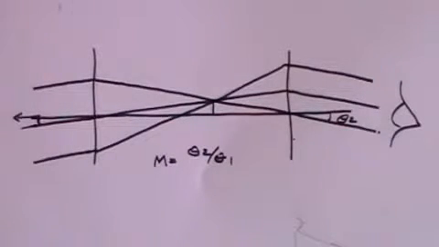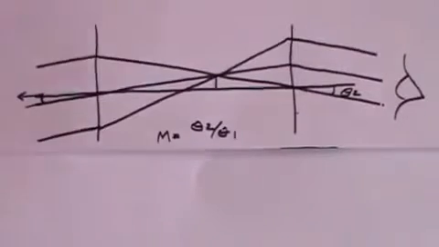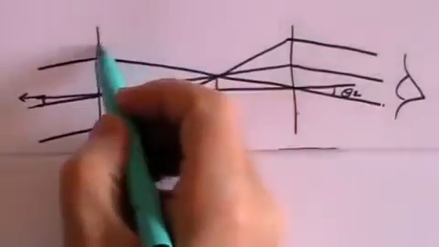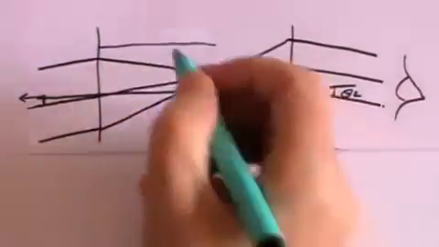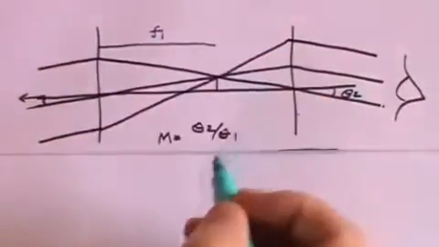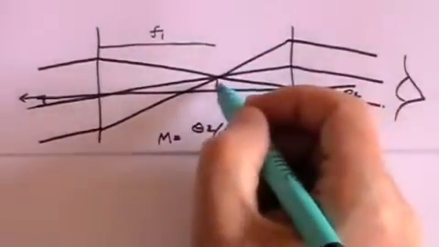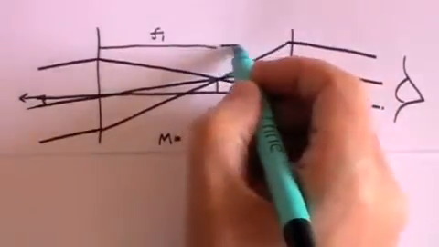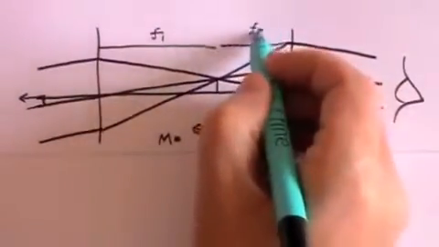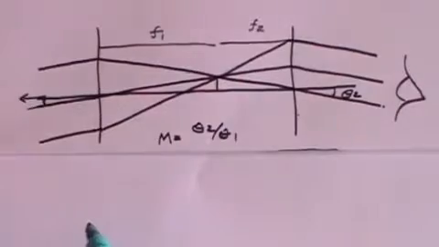And that's how an astronomical telescope magnifies what you're looking at. Now remember that this distance from the first lens to the image is the focal length of that lens, and that this distance from the image to the second lens is the focal length of that lens.